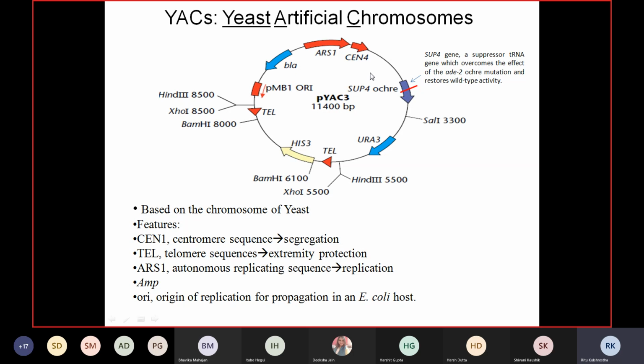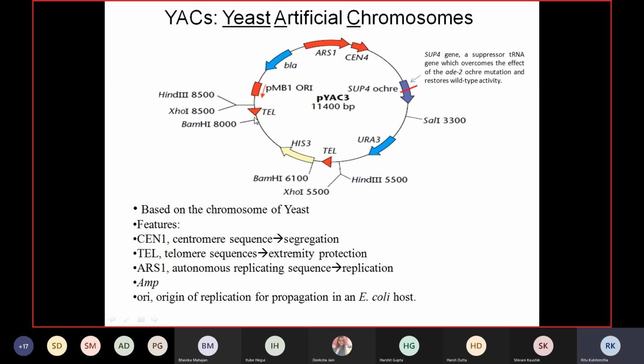Centromeres, if you remember, are the sites where spindle fibers attach, and they ensure that proper segregation of the chromosomes takes place. They do have ARS, which is like the origin of replication for plasmids. Similarly, an autonomous replicating sequence is present in YACs.